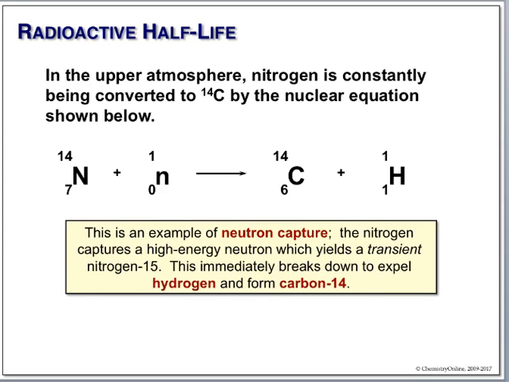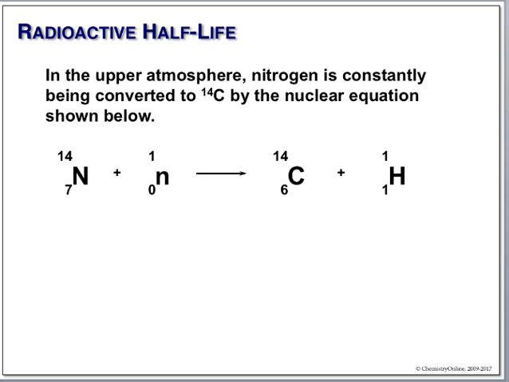We form nitrogen-15. Well, that's really unstable. What happens is it breaks down instantly, ejects a hydrogen atom, and forms carbon-14. So this is going on way up there in the upper atmosphere all the time. So the air that you breathe, everything that you eat, will have a fixed ratio of carbon-12, which is what we have, and carbon-14. It's always a fixed ratio.